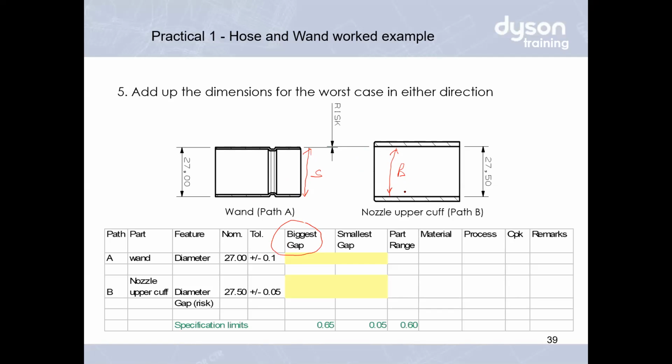You get me? If B is the biggest and A the smallest, then you have the bigger gap.